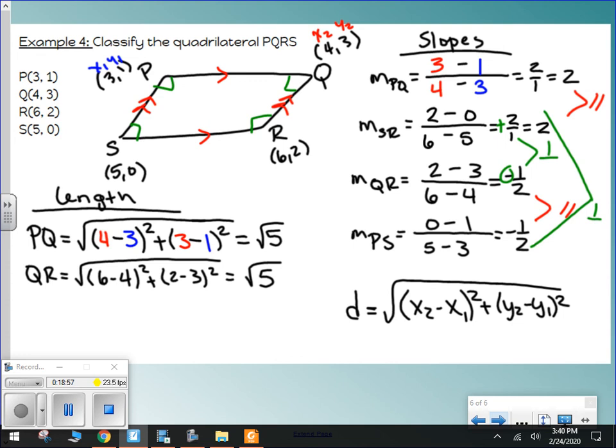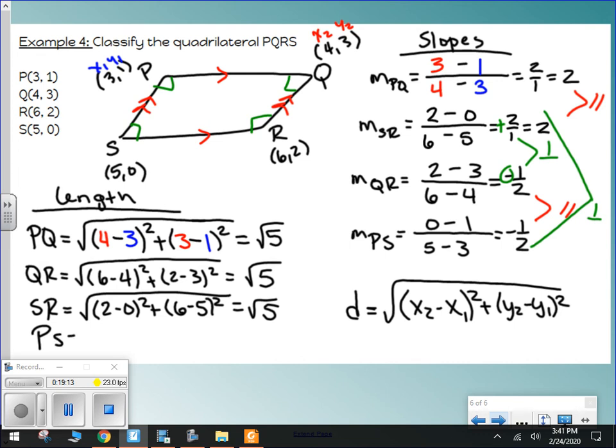And I do PS last, and it's 5 minus 3 squared plus 0 minus 1 squared equals square root 5. So yes, I have all 4 sides congruent. So when I say yes to that, it leads me to say that this is a square.